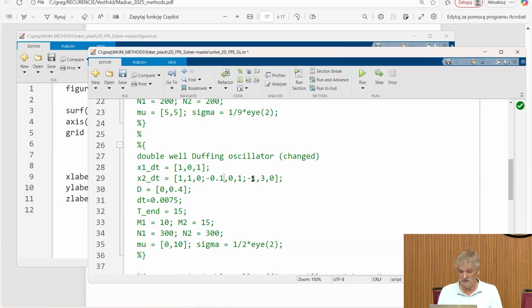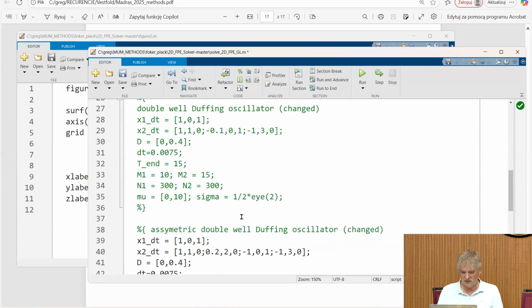So this is a negative term, and 3 means that this is to the power 3. X to the power 3. So these are such numbers.